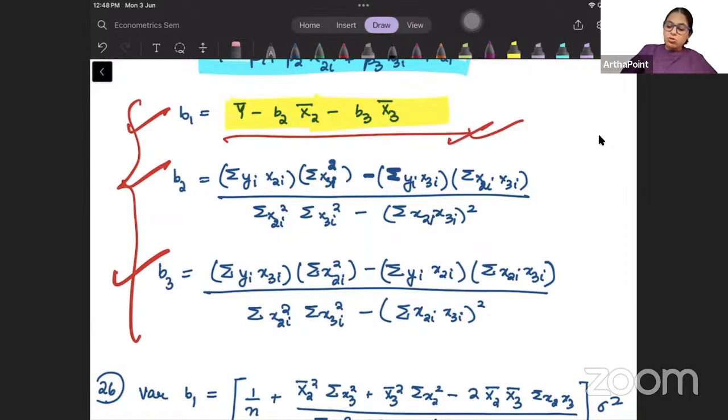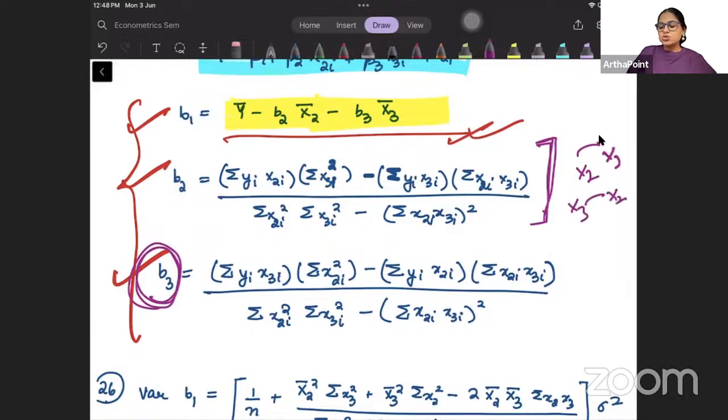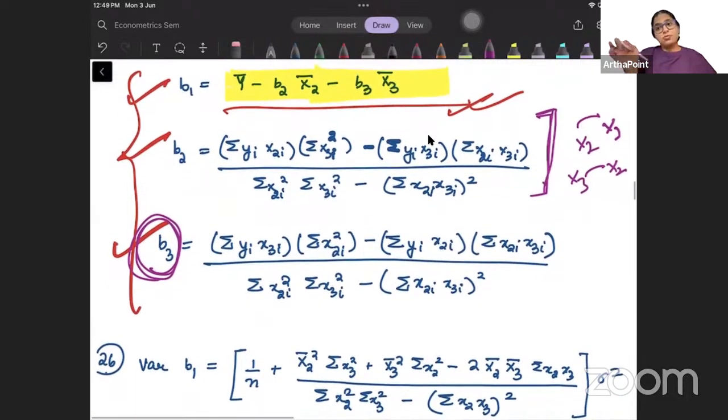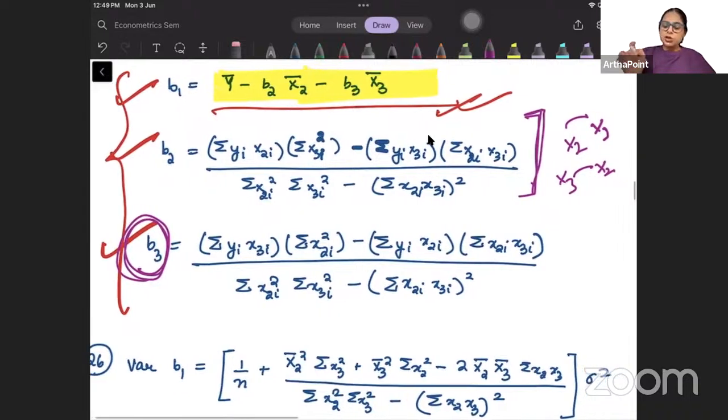If you remember the formula for B2, then for the formula of B3 you only have to replace x2 with x3 and x3 with x2. So you just have to remember the formula of B2 and that will help you revise the formula for B3. Remember that whenever you are writing these formulas, they are in the deviation format.